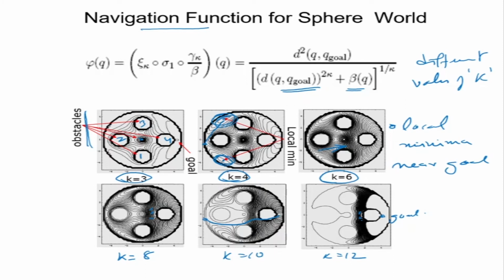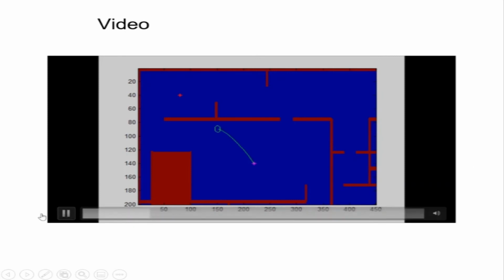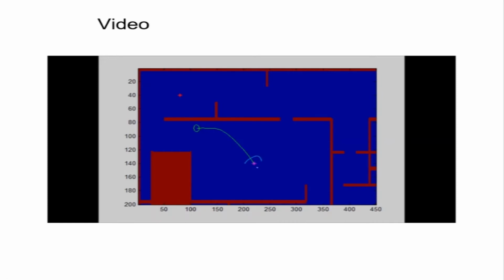Now let's look at a few simulations of the potential field function, a few examples of robots which are avoiding obstacles. Okay, so here we have a robot which is represented by this circle. This is the start point, that's my goal point. Now these are walls.